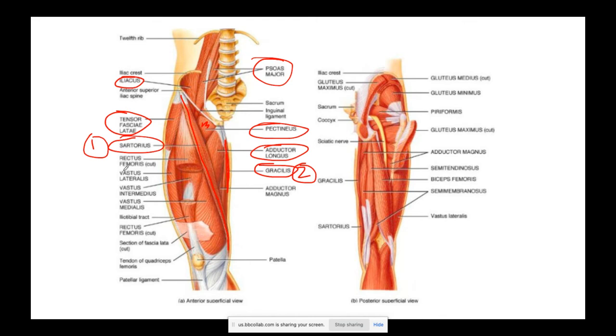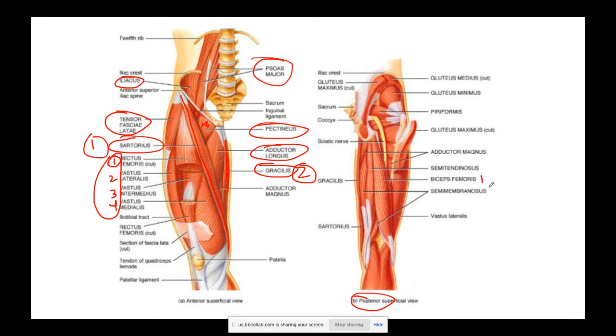Then you have the quadriceps in the front. The quadriceps are 4. We have the rectus femoris is 1, vastus lateralis 2, vastus intermedius 3, and vastus medialis 4. So these 4 are your quadricep muscles. They are very strong knee extensors or leg extensors. On the posterior side is where we have our hamstrings, and the hamstrings are only 3.